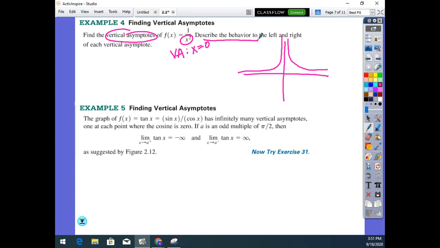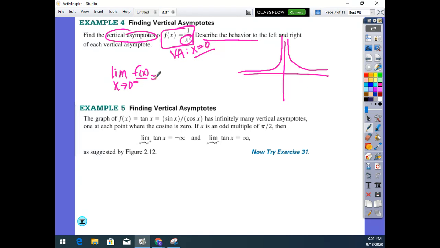Now, the easiest way to do that is to write it as a limit, because there's a vertical asymptote at x equals 0. The other thing you can do, because this is named f of x equals 1 over x squared, is plug f of x in instead of writing the function itself. So since this is my vertical asymptote, I look at the left side of 0.